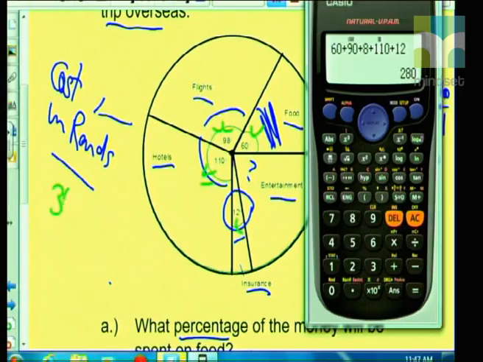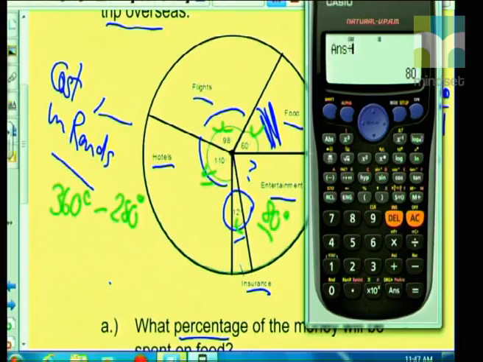So now what I want to say is this missing bit is 360 minus 280 degrees. Got it? I'm going to remember that was 280 degrees. I want to find the entertainment angle, so I'm going to say 360 minus 280, and that gives me an answer of 80 degrees. So this is 80 degrees. Now, what percentage of the total is 80 degrees?